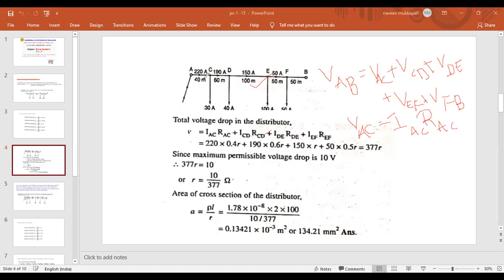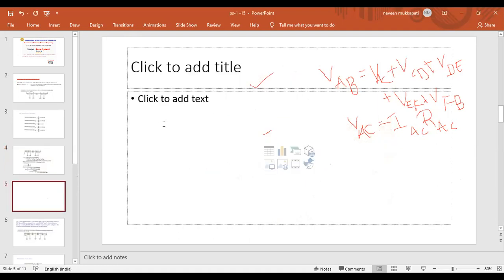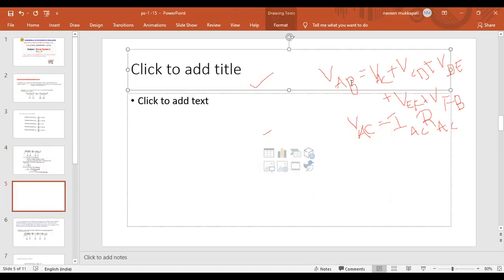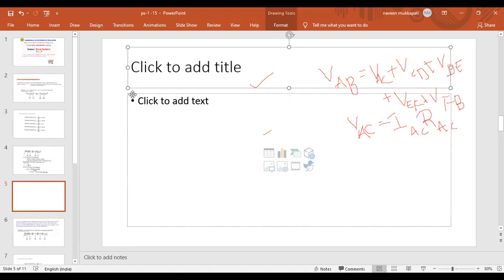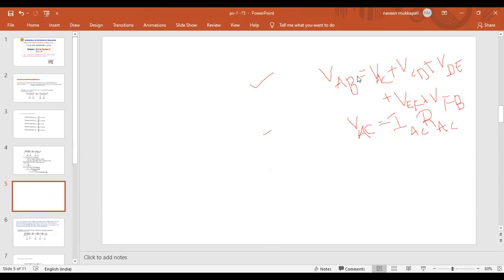What is the current in the A to C section? First, we calculate the current in section AC, that means IAC.